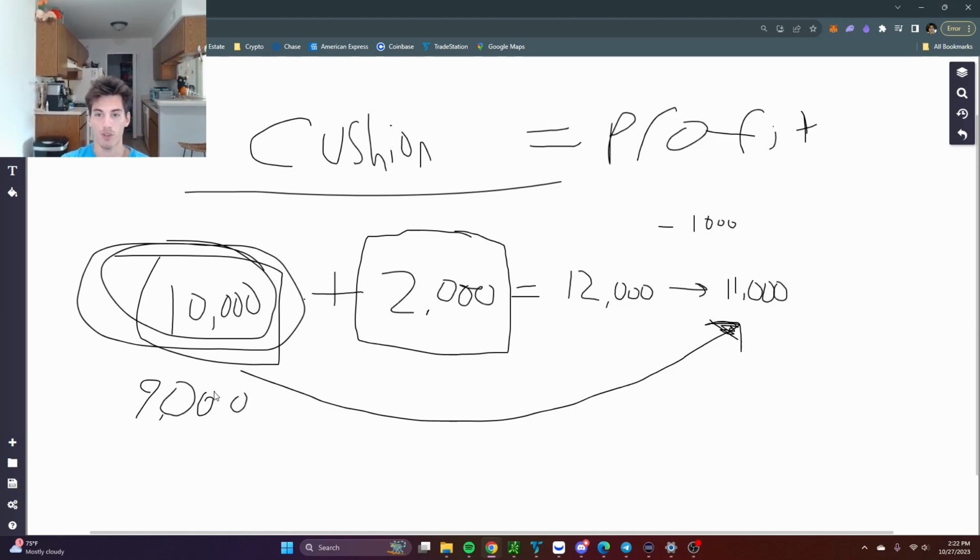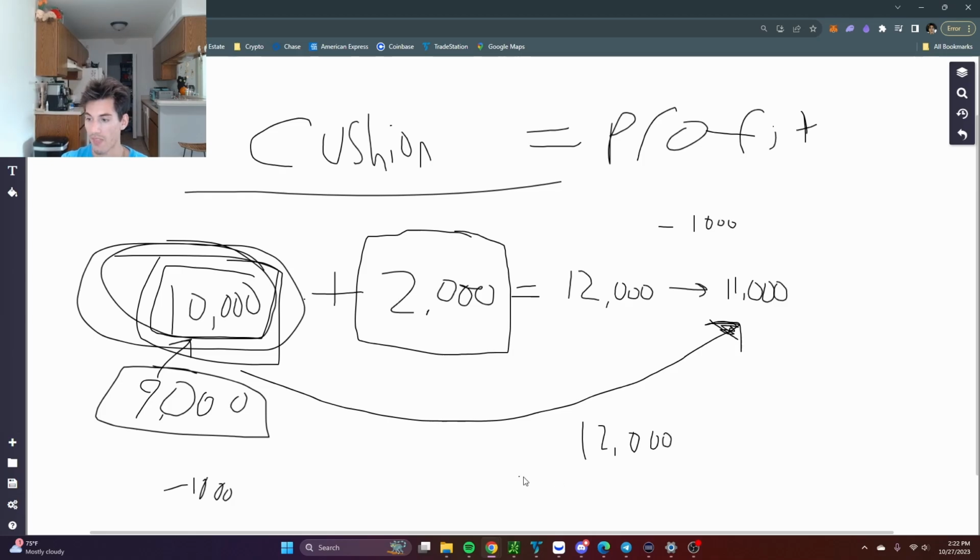And then after that, it does get a lot easier, because executing on trades when it's possible to lose your own money and to withdraw only 9,000 when you put in 10,000 and have a net loss of 1,000 is a way worse feeling than being up to, let's say, 12,000, and then you have a losing month of 1,000 and your account's at 11,000 now.